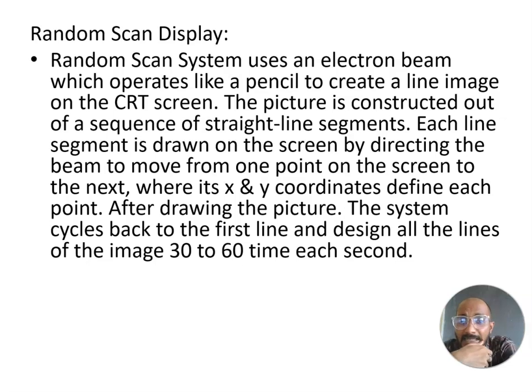Each line segment is drawn on the screen by directing the beam to move from one point to the next point, where x and y coordinates define each point. After drawing the picture, the system cycles back to the first line and designs all the lines of the image 30 to 60 times each second.